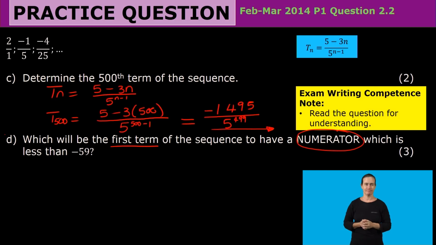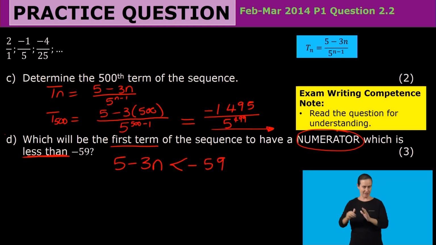Well, do we know how we represent less than in mathematics? We just need to take these words and make them an equation. So we know that the general term for the numerator was 5 minus 3n, and we want to know what value of n is going to make the numerator less than negative 59. So we've taken that sentence and translated it into an equation. When we are calculating here, we are going to have a negative 3n that's going to be less than a negative 64.